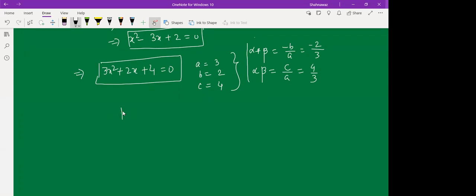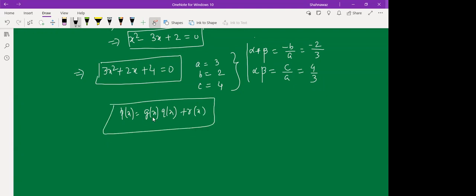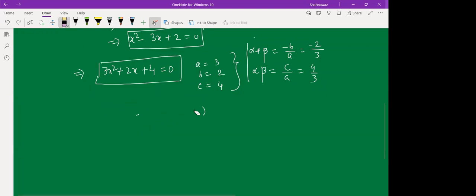It was like this: p(x) equals g(x) q(x) plus r(x). They didn't teach you that? No, sir, they haven't. Okay. So let's just do a quick glance of what is a cubic equation, right?